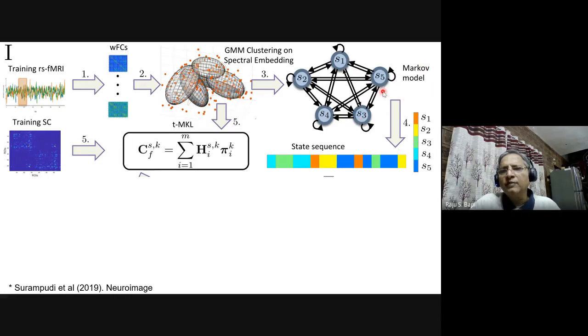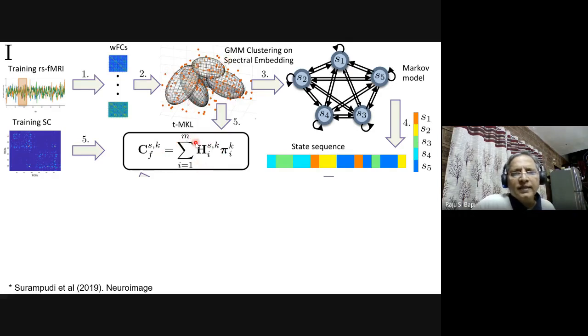That Markov model is estimated along with the steady-state distribution of the state sequences. We also construct an MKL model for each of the brain states discovered through this clustering. This is called TMKL because these MKLs are now for distinct temporal brain states.